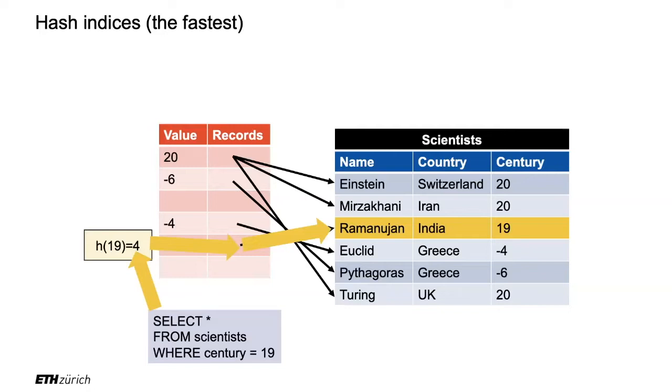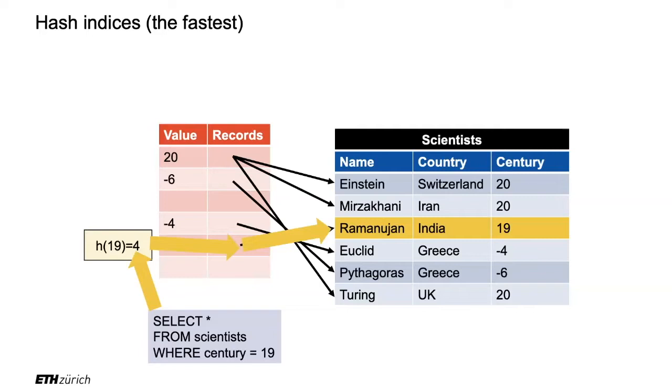Because the hash function looks random, right? It just spreads the values all over the place in the hash table, but there is no logic, there is no order. So the only way that you could handle a query like century smaller than 19 is by computing h for 18, for 17, for 16, for 15, for 14, like all possible values. But as you can imagine, in practice, it doesn't work. You can just not do that, right?